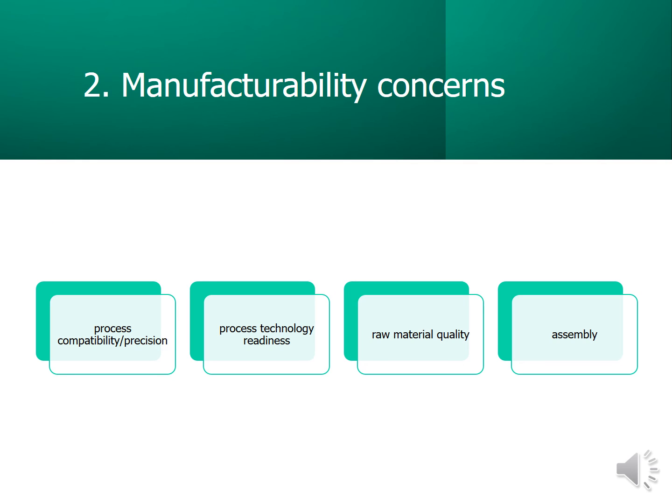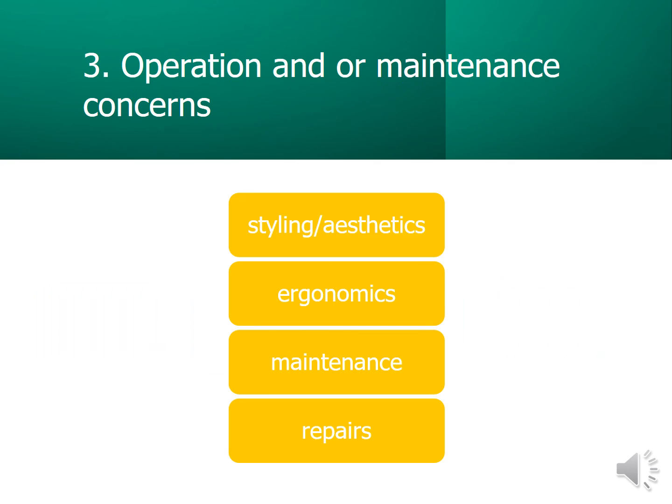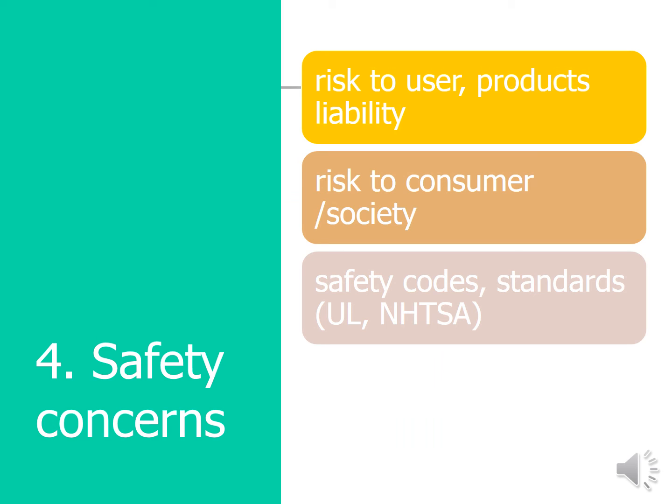For manufacturing, we are concerned about process compatibility or precision, process technology readiness, raw material quality, and also assembly. These are the four items for manufacturing. Operation and maintenance concerns styling and aesthetics, ergonomics, maintenance and repair.